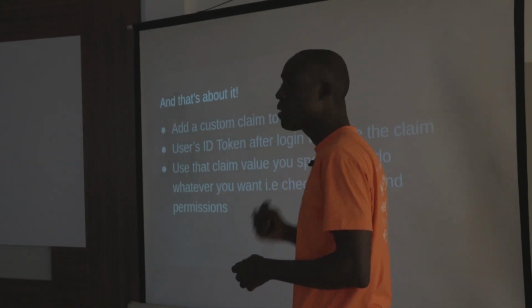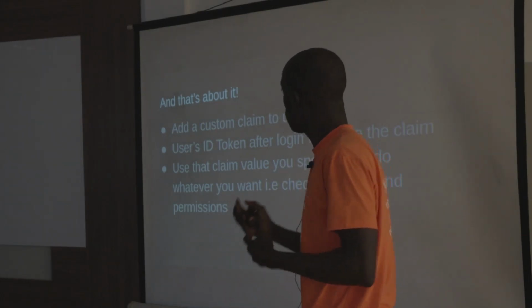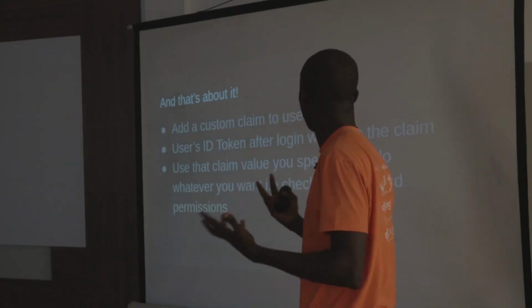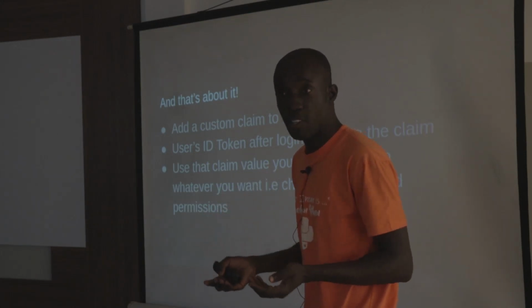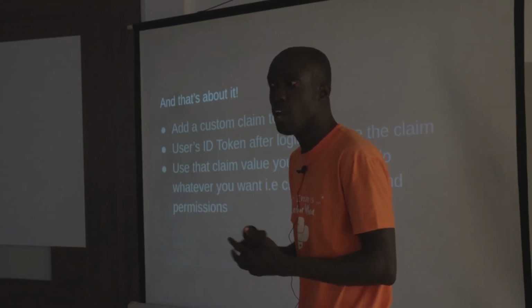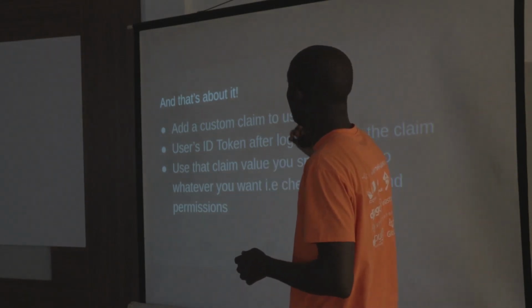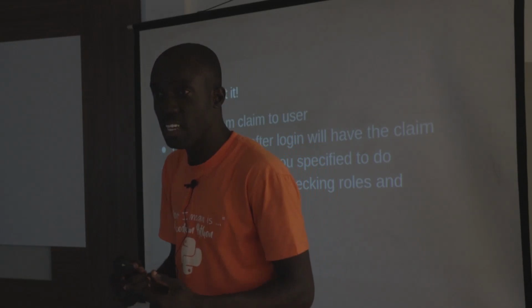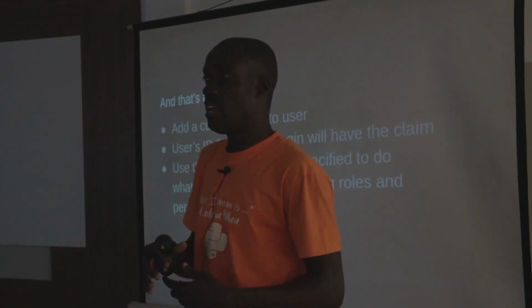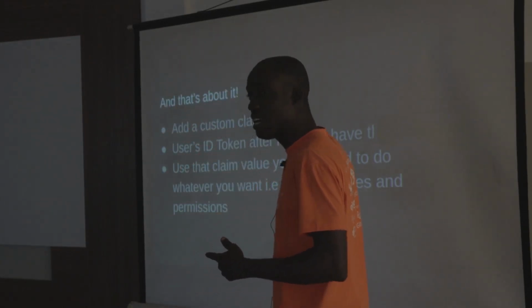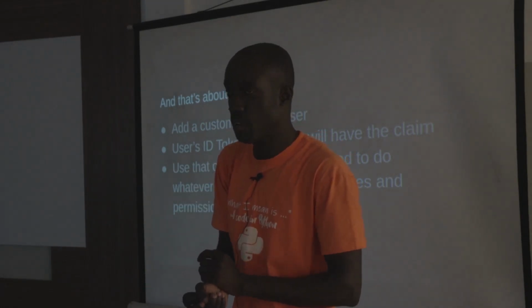You add a custom claim to the user. You can go ahead to verify if the user is the right person doing the transaction or trying to execute that command. You do that, and then after the user re-logs in, the custom claim will be attached to the user's ID token.